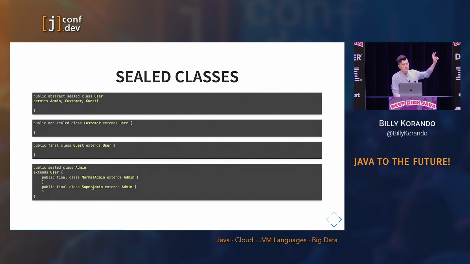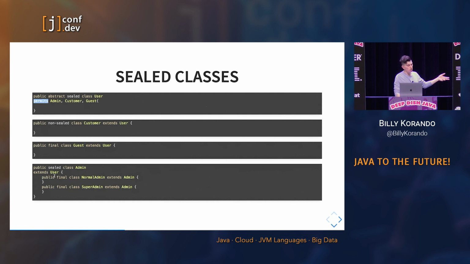As I mentioned, permits is an optional keyword. If I was to reference classes outside of the same class or source code file as User, I would then need to use permits to define that these are the only classes that can extend User. If I was to define other classes within the same source file as a sealed class, then the compiler will automatically assume that these are the only classes that can extend off of that class.